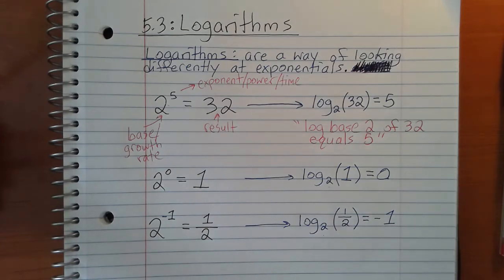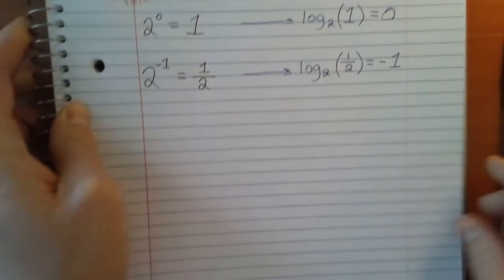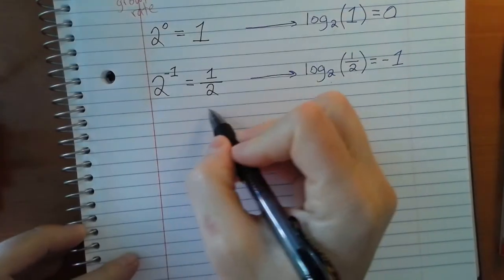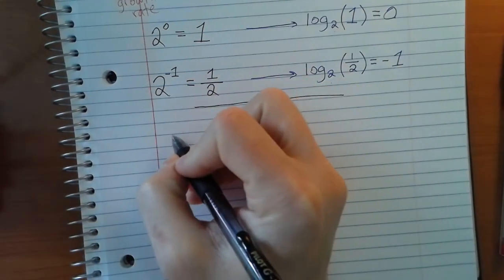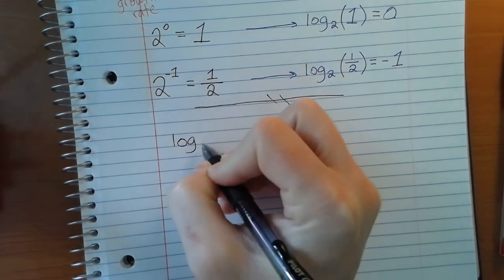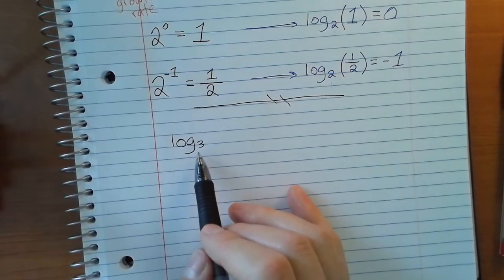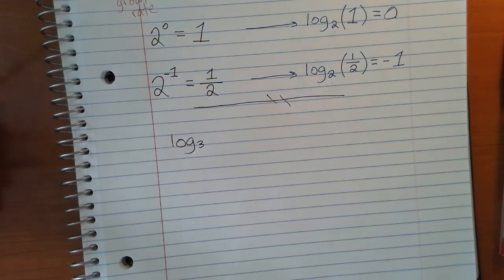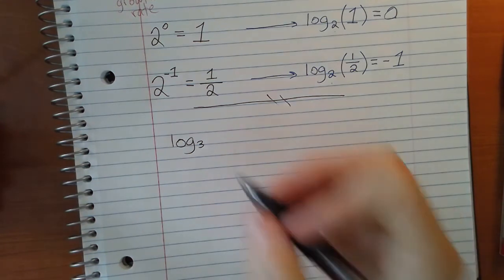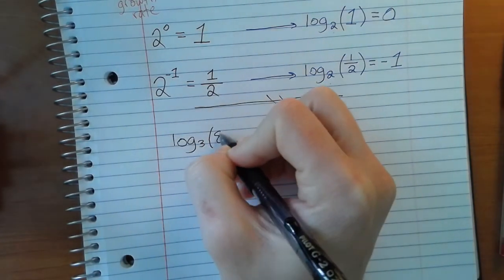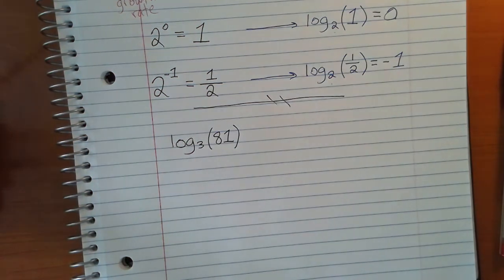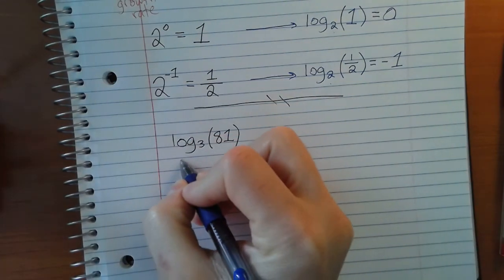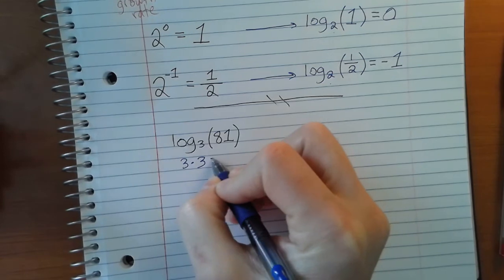Now let's look at a little bit different of a scenario here. If we don't have a plant that's doubling anymore, let's say that we have a plant that is tripling. So log base 3. Our growth rate is 3, and our plant is tripling in size every day. And we want to know how long it would take to end up being 81 times bigger than when it started. Well, if we're not sure, we could start figuring this out by hand. We could do 3 times 3 is 9.